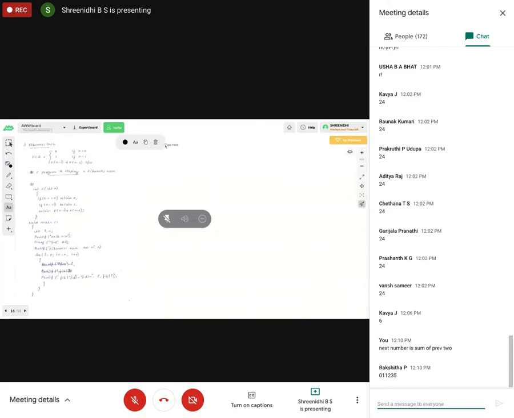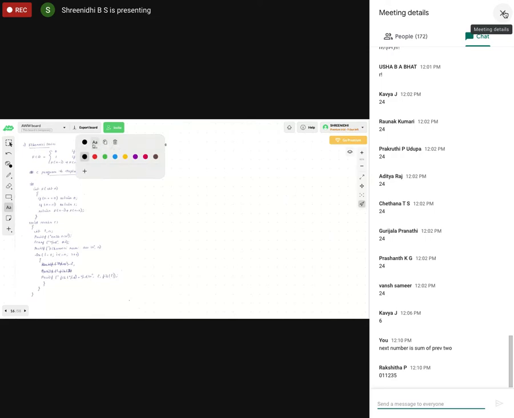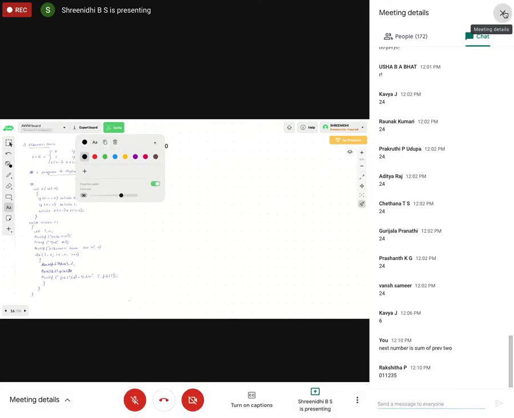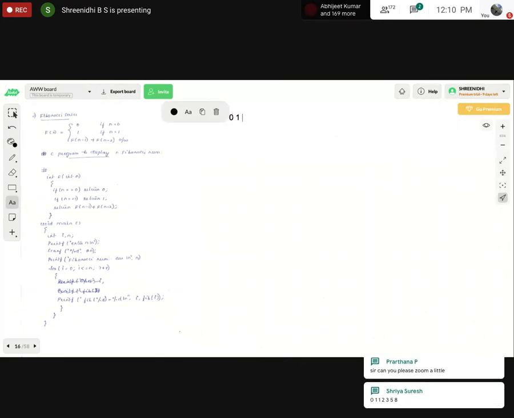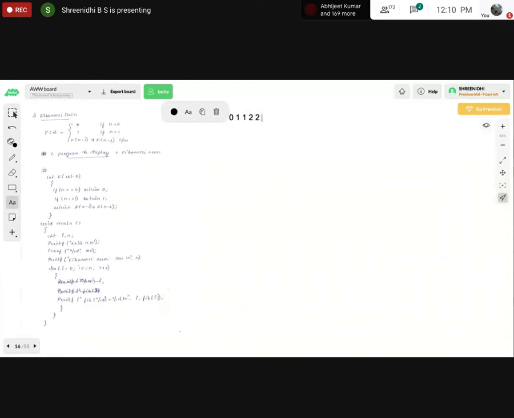Sum of previous two numbers means 0, 1 will be your first numbers. So 0, 1, 1. 1 plus 1 is 2. 2 plus 1 is 3. 3 plus 2 is 5. 5 plus 3 is 8. It will be going on. This is your Fibonacci series. For this, I write a recursive function.